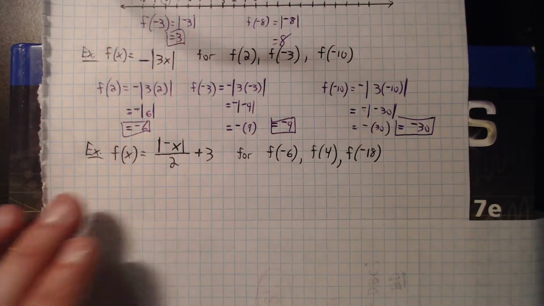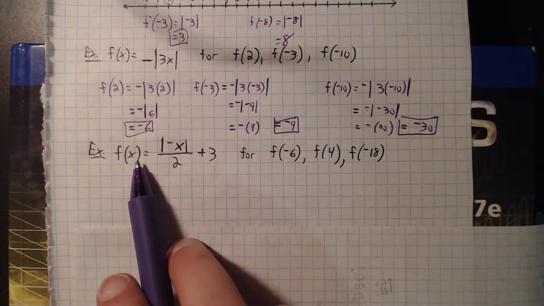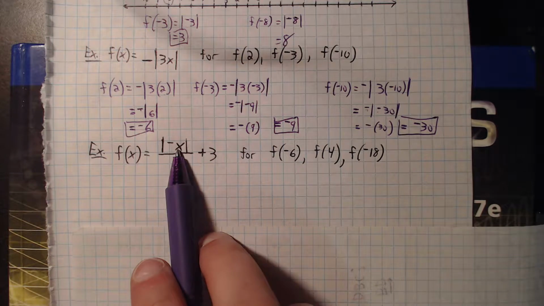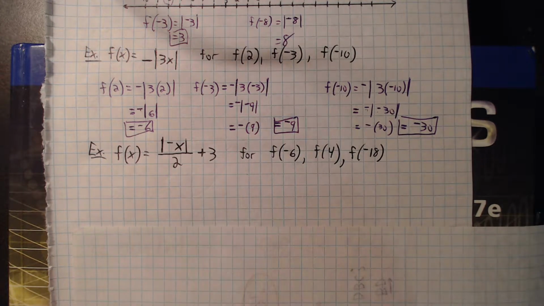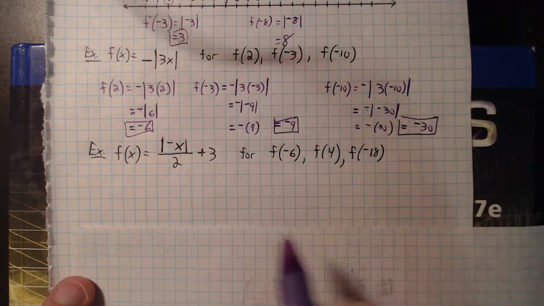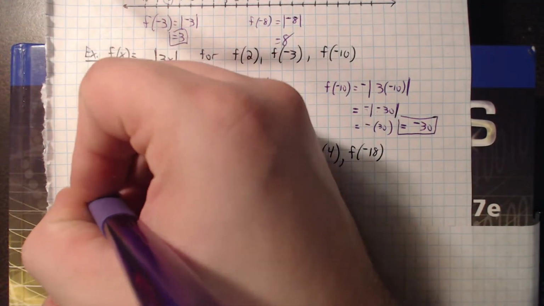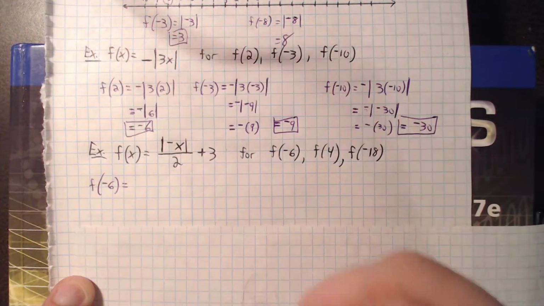Let's try another one. Here they want us to evaluate f of x, the absolute value of the opposite of x divided by 2, plus 3. So there's a couple of things we've got to deal with, and we're evaluating at -6, 4, and 18. Let's do each of these step by step. Let's do -6 first.